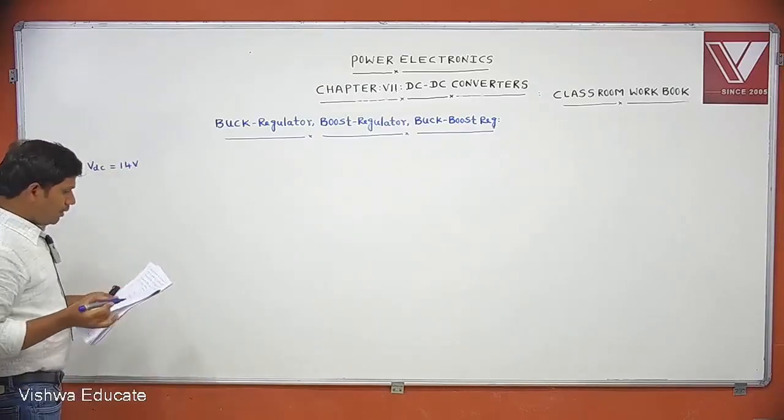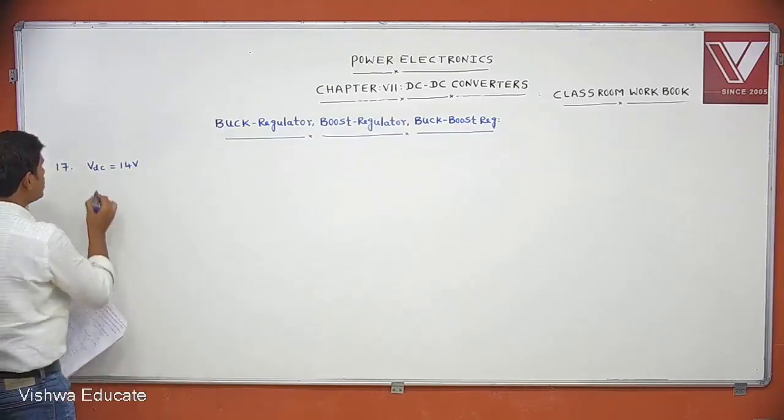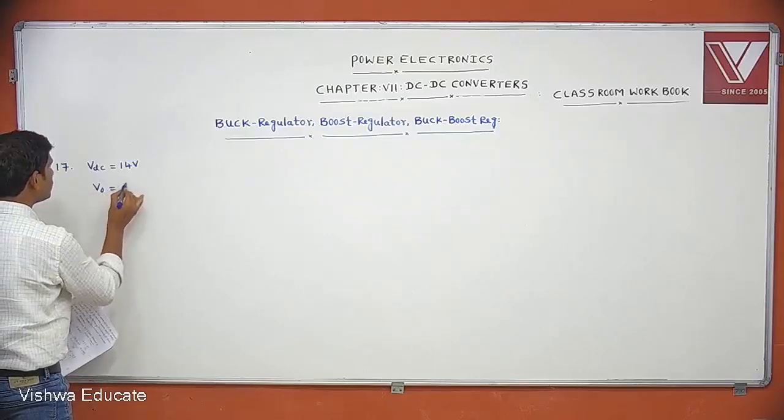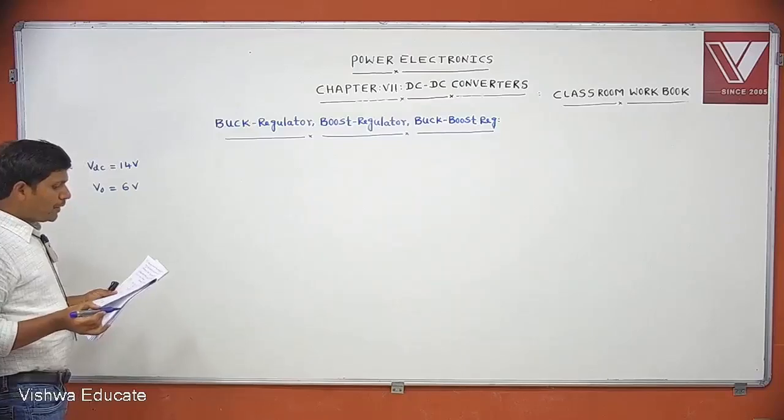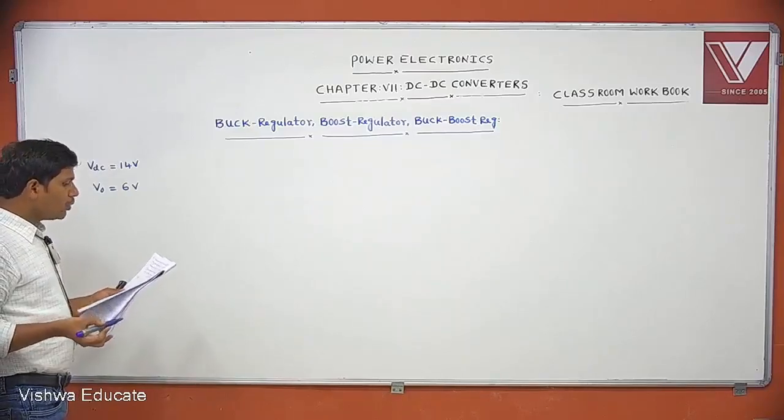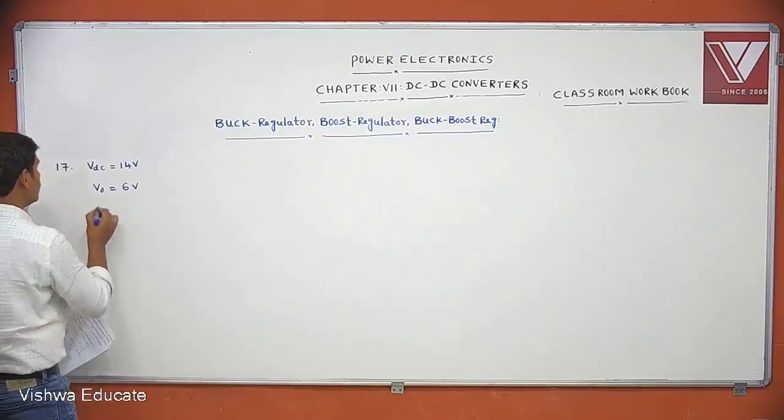The average output voltage is 6 volts. Given is a buck converter, and the peak to peak output ripple voltage is 15 millivolts.